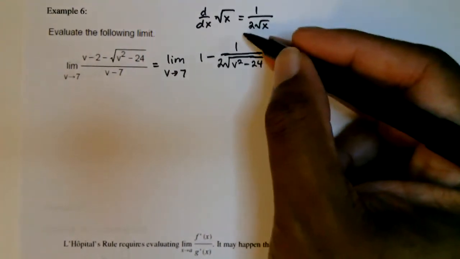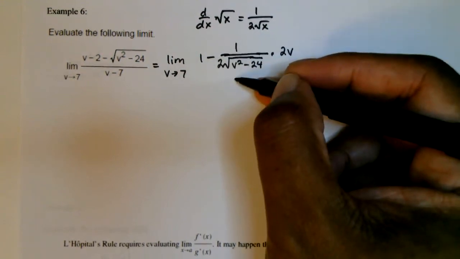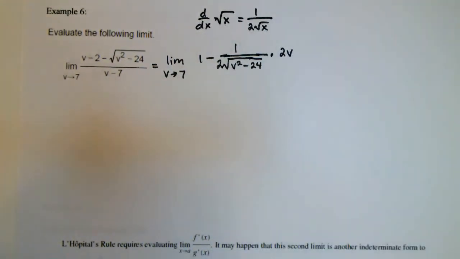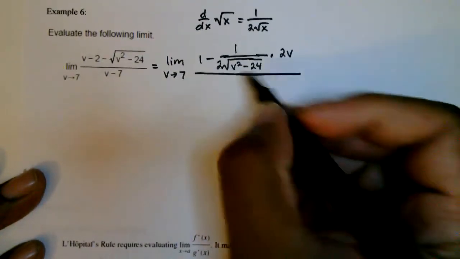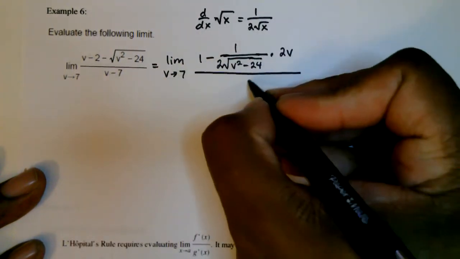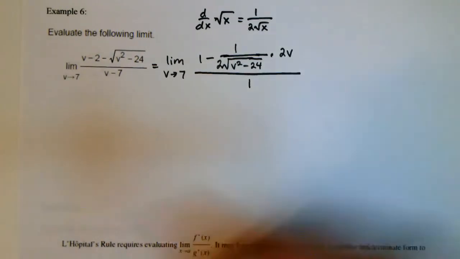Okay, the square root of x's derivative is 1 over 2 square root of x. So the derivative of the square root of v squared minus 24 has to be 1 over 2 square root of v squared minus 24, and then times its inside derivative of 2v. Now I also need to take the derivative of the denominator. The derivative of v minus 7: the derivative of v is 1, and the derivative of the constant is 0.